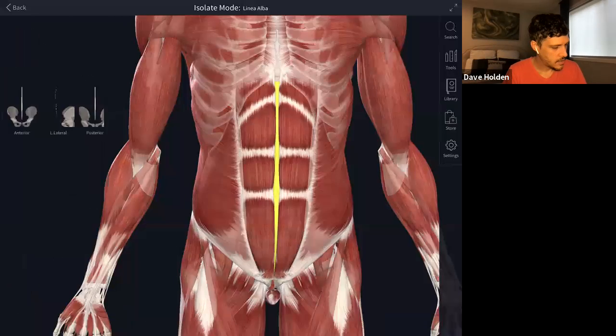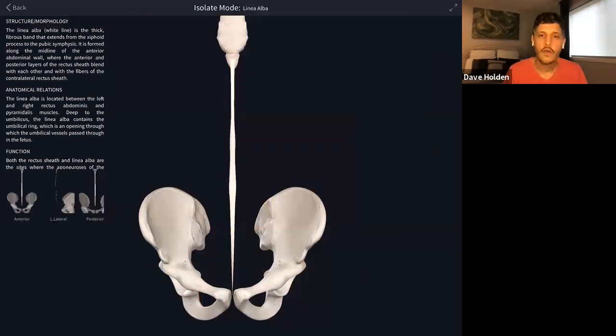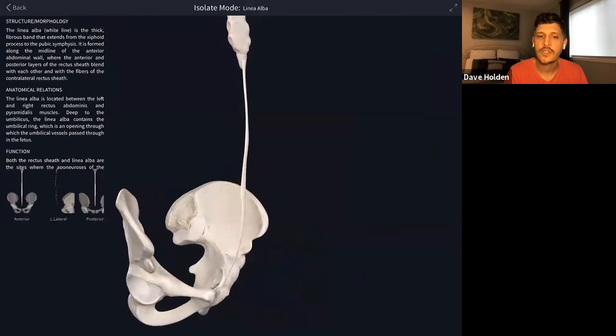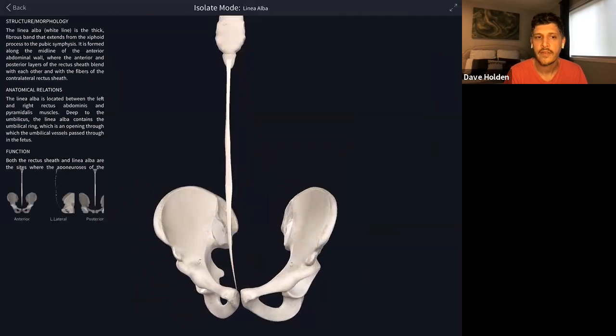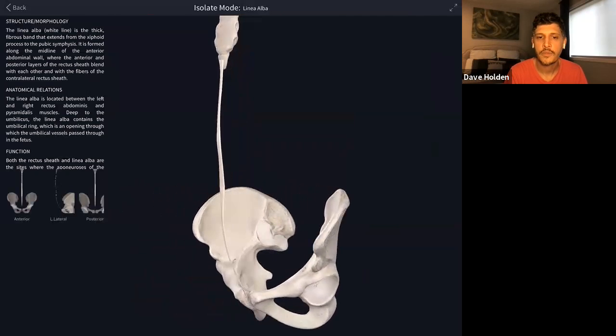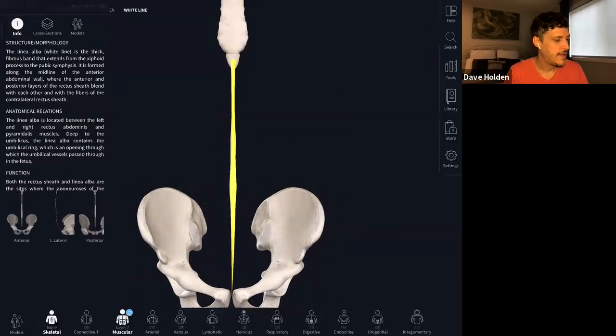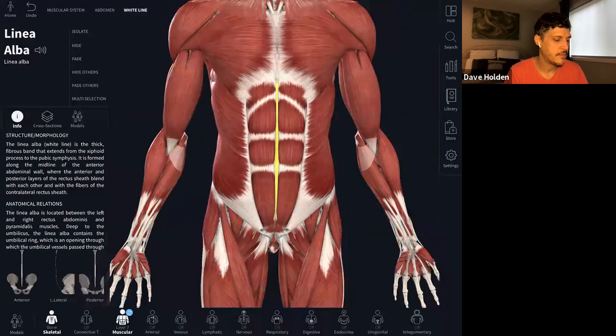It connects from the xiphoid process of the sternum to the pubic tubercles. That is kind of the main tendon that's being pulled when we go into flexion of the spine. So we pull the sternum down towards the pelvis.